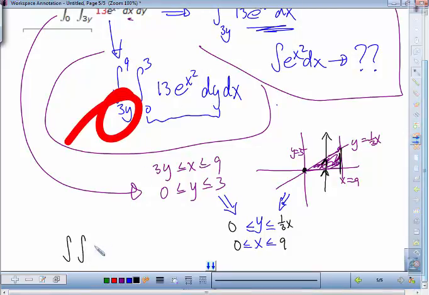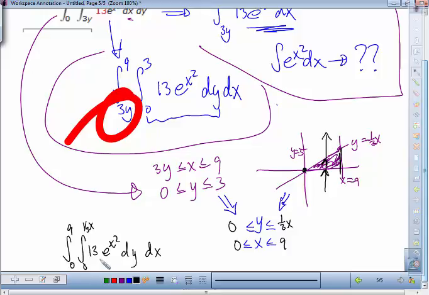So if you rewrite this integral, 13e to the x squared, and this time integrate with respect to y first, from 0 to 1/3 x, and then integrate with respect to x from 0 to 9, you're actually going to be able to do this integral by hand.